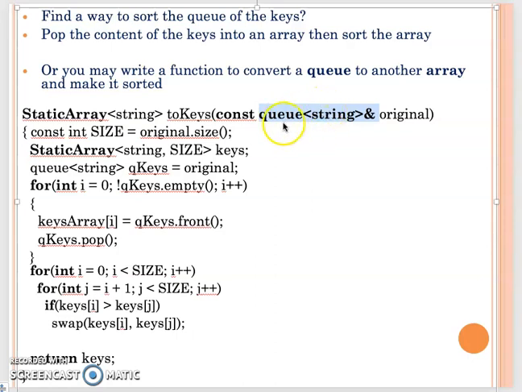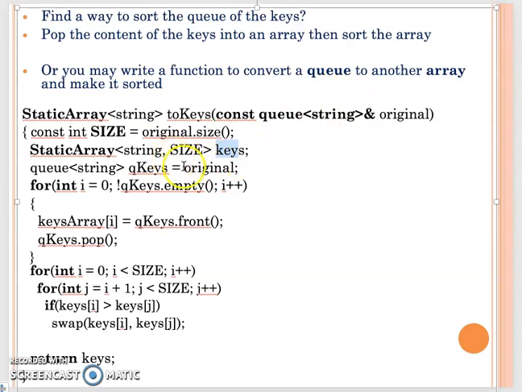The first thing you need to do is create a static array. Why do I choose a static array? Because from the queue you already know how many elements it has, so the size equals the queue's size. We won't waste any space, and it is easier for us to do the sorting. Then I create another static array called keys. I just need to pop from the original one by one.